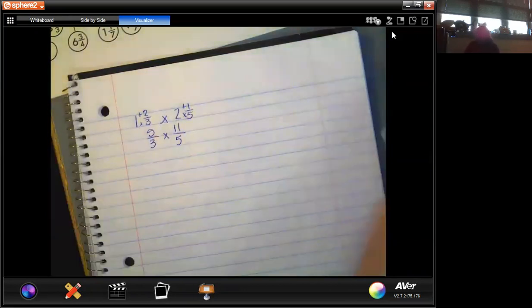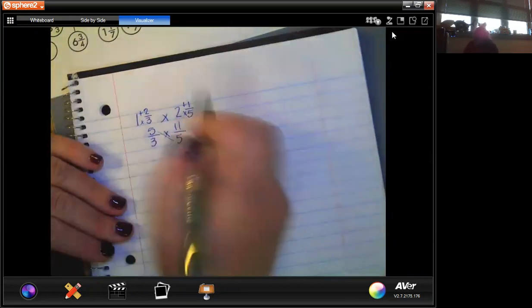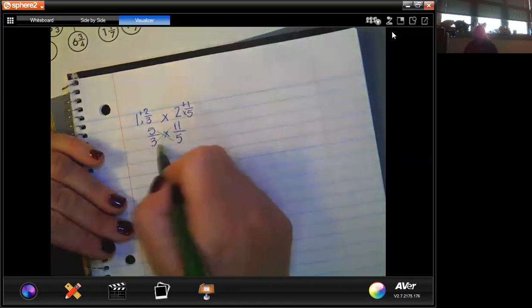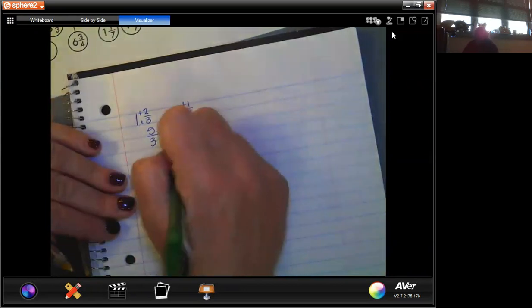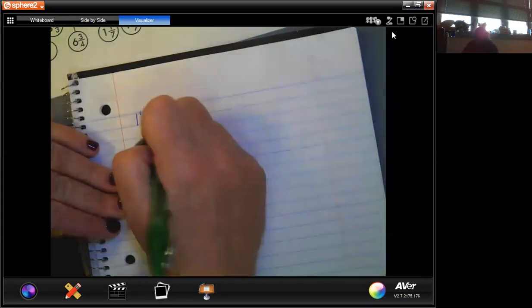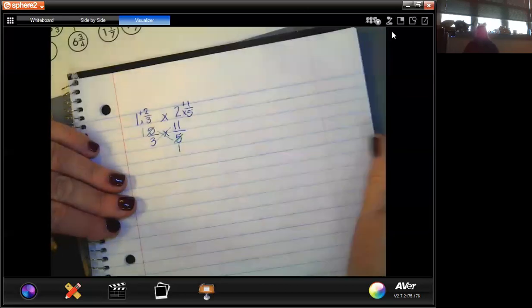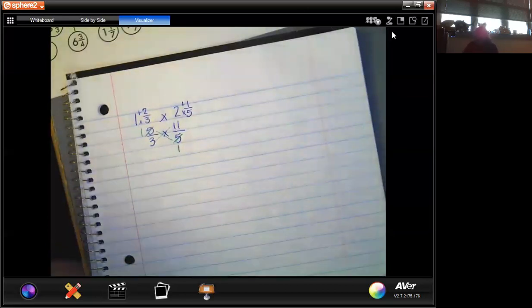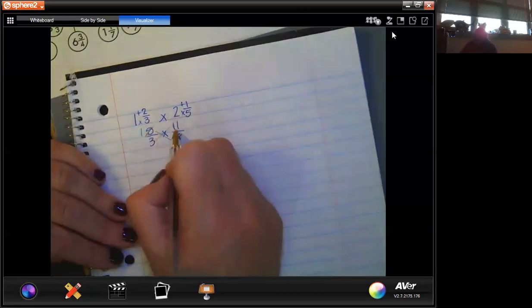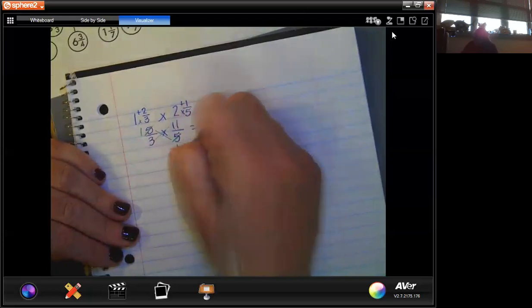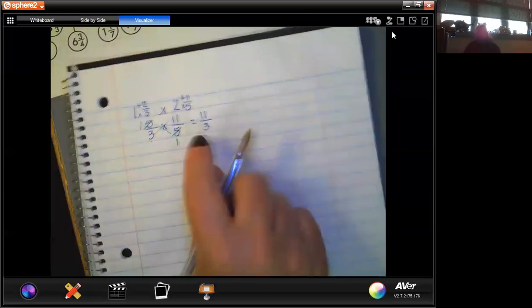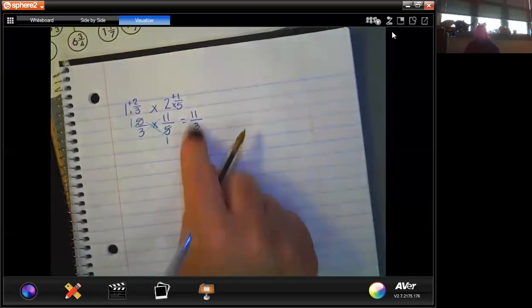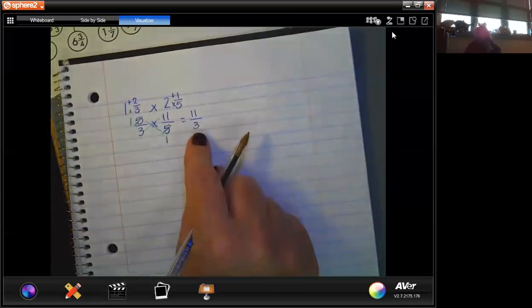Now, luckily, look crossways. There's not a number that would reduce 3 and 11, but there is a number to reduce 5 and 5. 5 goes into 5 one whole time. So I simplified that down. So 1 times 11 is 11. 3 times 1 is 3. Now, this is an improper fraction, so I want to change it back into a mixed number.